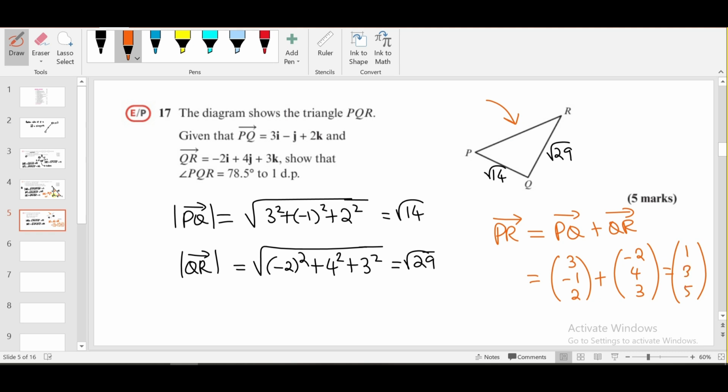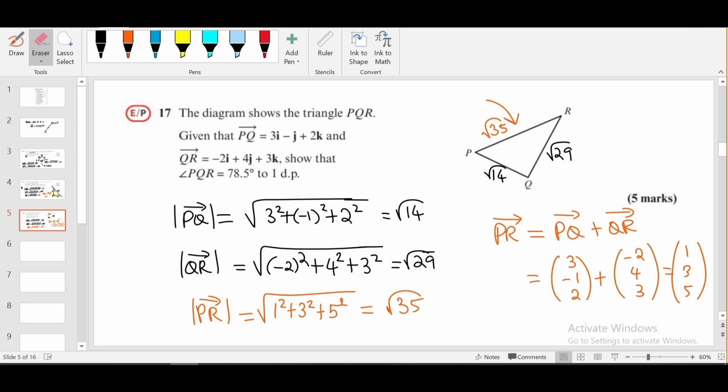Now we can find the length of the vector PR, which is square root of 1 square plus 3 square plus 5 square. 1 plus 9 is 10, 35. Square root of 35. You have all three sides of this triangle.